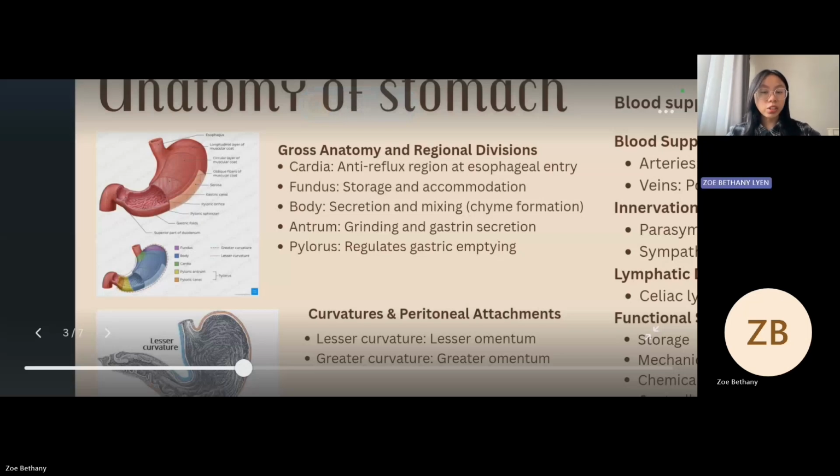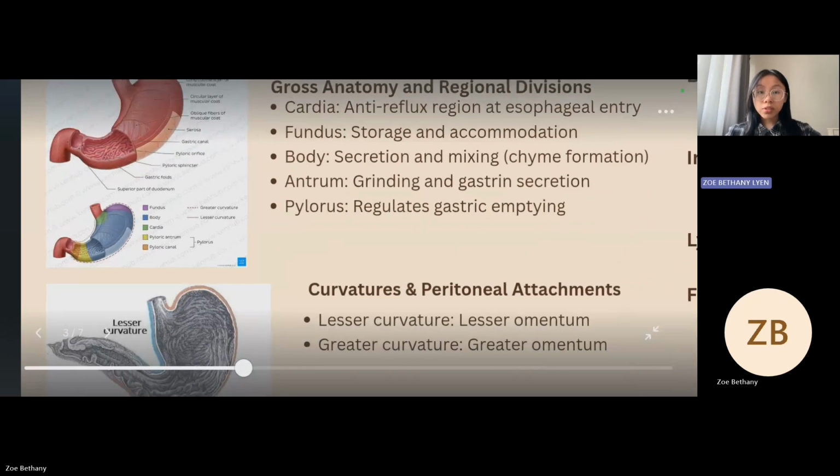Finally, last but not least, we have the pylorus, which connects the stomach and the duodenum. It contains the pyloric sphincter, which regulates the controlled release of chyme into the small intestine and prevents backflow. Based on the slide, it regulates gastric emptying.